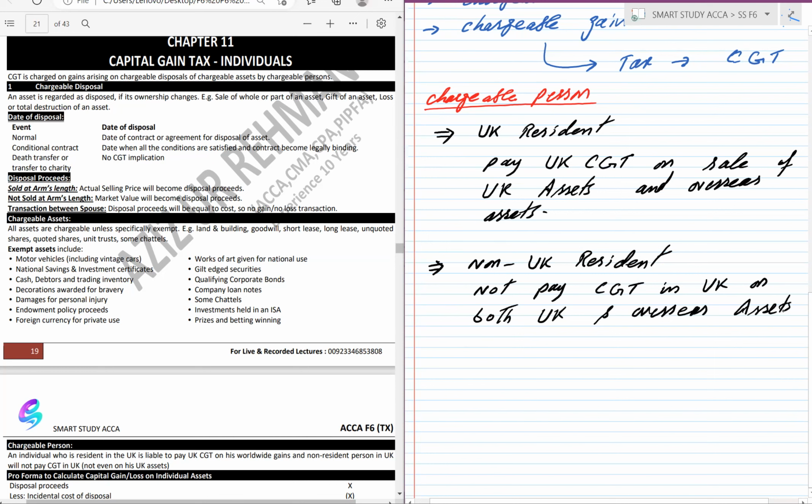So a non-UK resident individual will not pay any CGT in the UK. His UK assets will be exempt and his overseas assets will be exempt as well. But there is an exception over here.